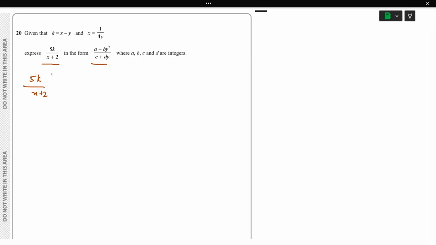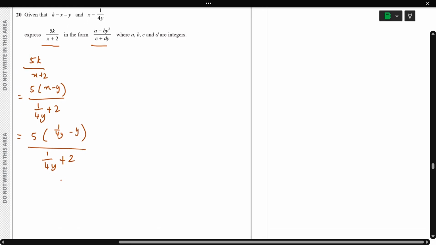Then we substitute here, 5 of x minus y over x, which is 1 by 4y, plus 2. But there is x again involved, so again this x I need to substitute 1 by 4y. So 5 into 1 by 4y minus y over 1 by 4y plus 2.